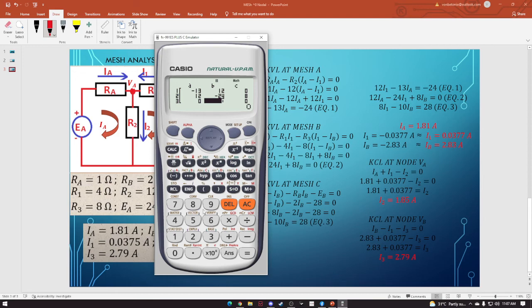So I1 is 8, then IB is negative 10, equals 28.